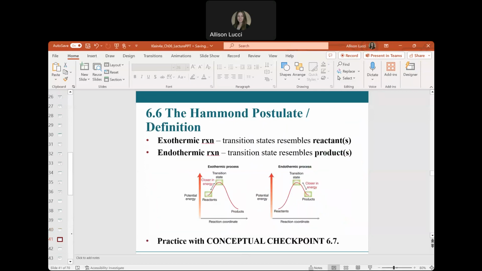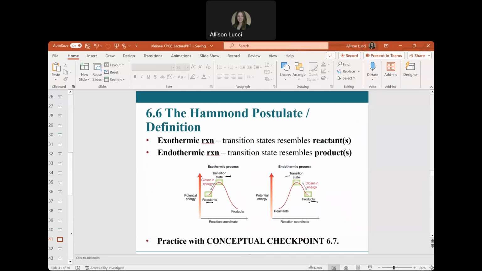Now we can expand upon this, and again, using our knowledge of whether a reaction is exothermic or endothermic, we can determine what our transition state would look like based on the energy difference between our reactants and our transition state or our products and our transition state. So in an exothermic reaction, we have a closer energy from our reactants to our transition state.